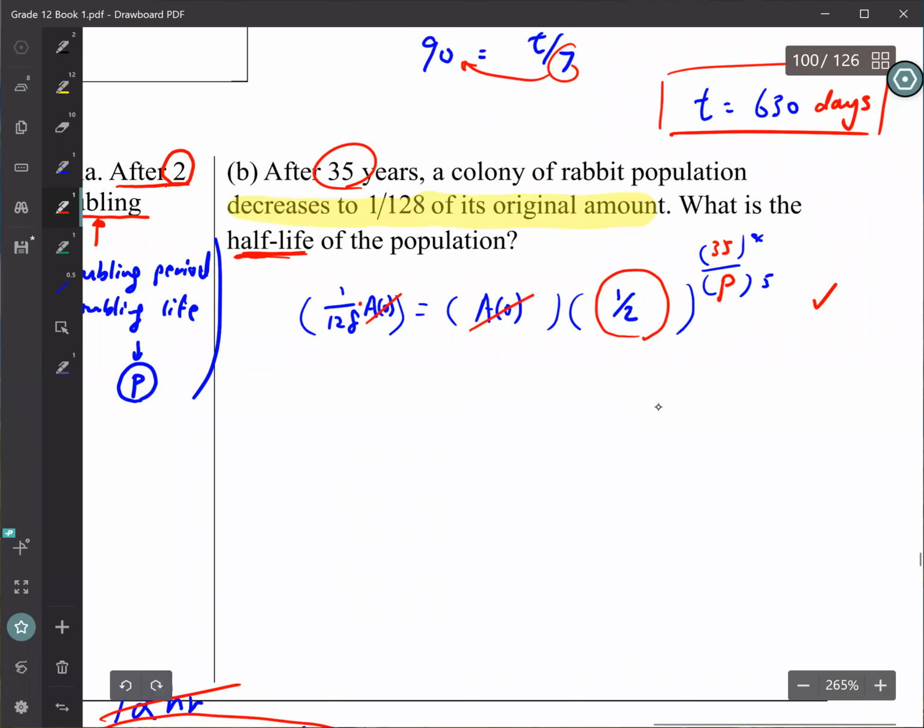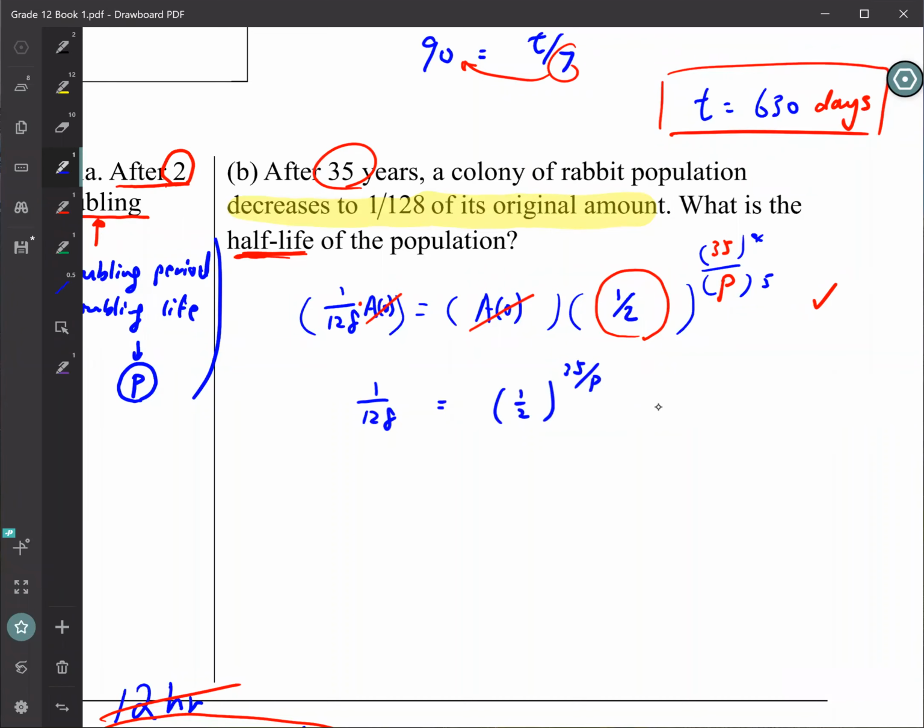So it will end up the same as Cindy's. The A of 0 was there, but it just canceled out. After this, you do the same thing, try to make it the same base, and solve for P. I'll let you carry out the rest, and when you get an answer, please raise your hand.